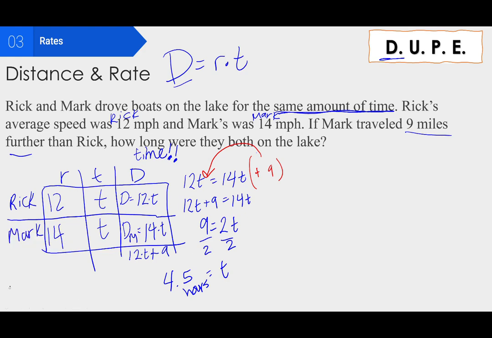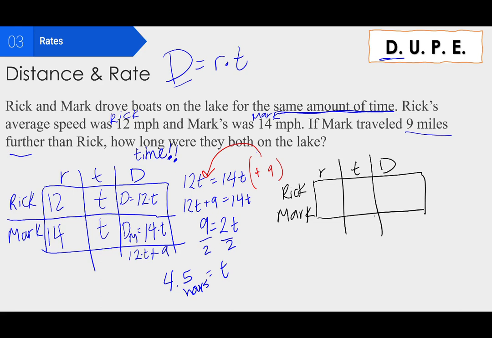All right, let's look at a different way, because some students will interpret the table in a different way. So let's still set it up with Rick and Mark. R, T, and D. Okay. And the rate would still be the same, and Mark's rate will still be the same.